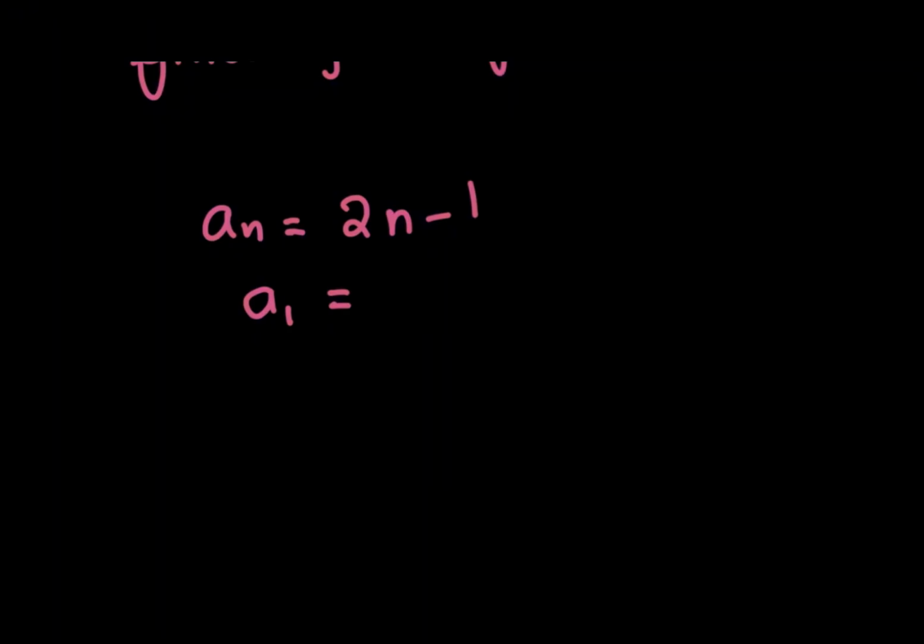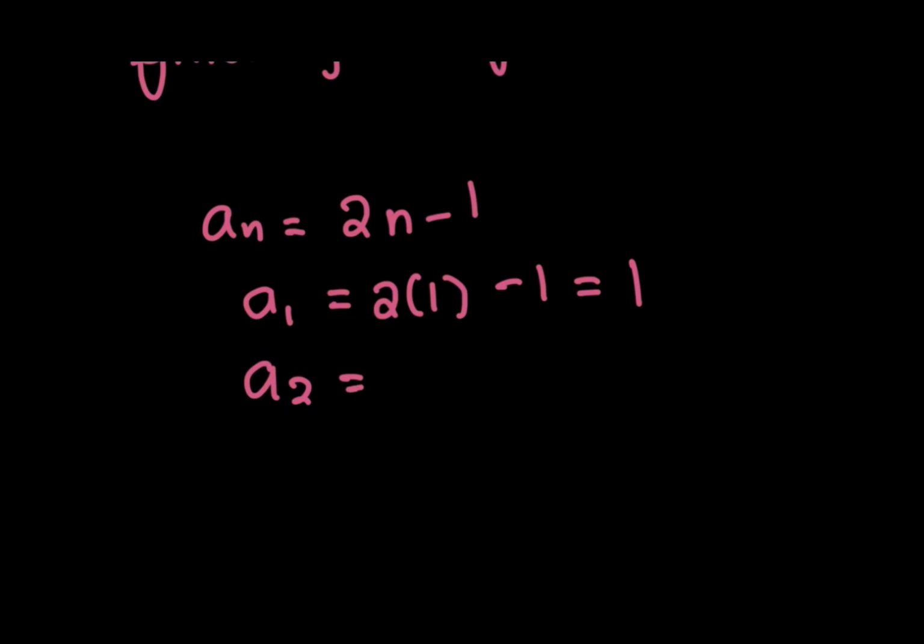So we replace n with 1, so we have 2 times 1, and then minus 1. So 2 times 1 is 2, minus 1, it equals 1.